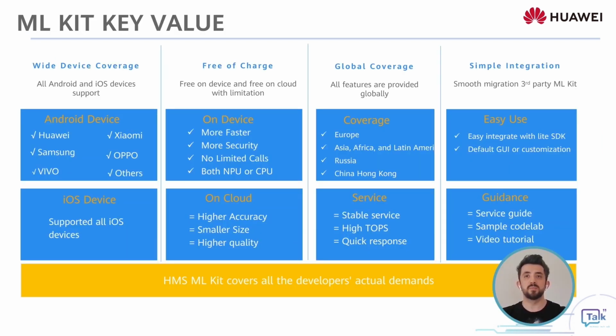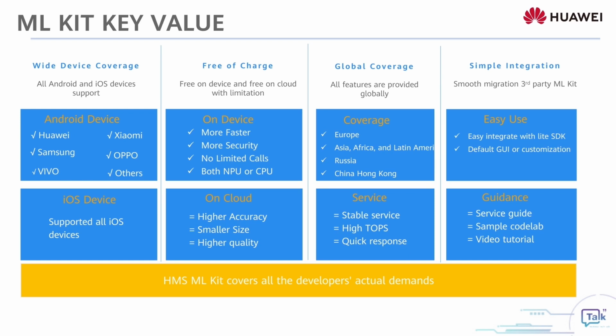The core value of ML Kit is represented by the following 4 points. Wide device coverage is the most distinguishing attribute of ML Kit. It supports all Android devices. And the service supports the iOS version. It gives ML Kit an advantage over other machine learning kits.